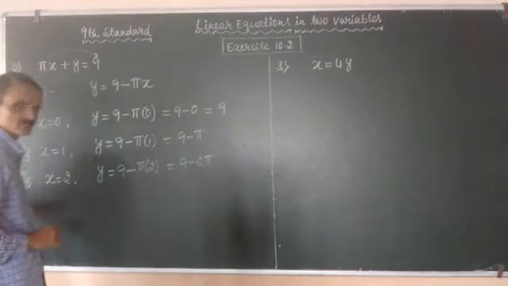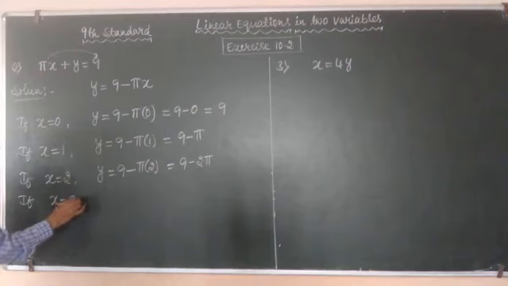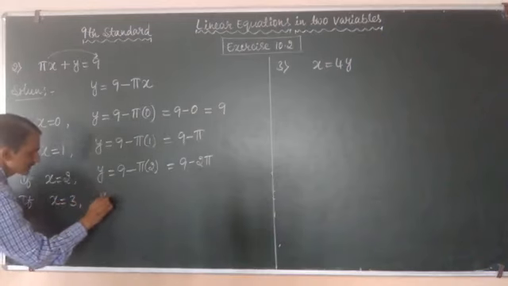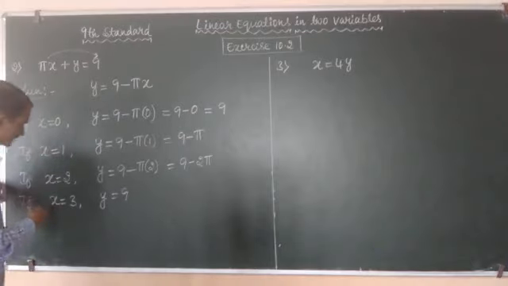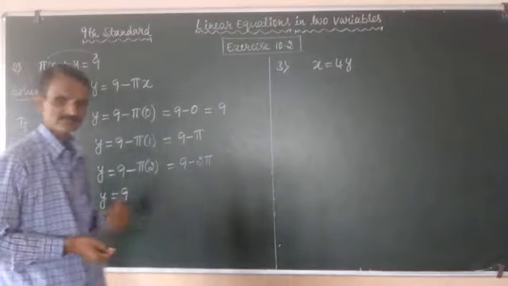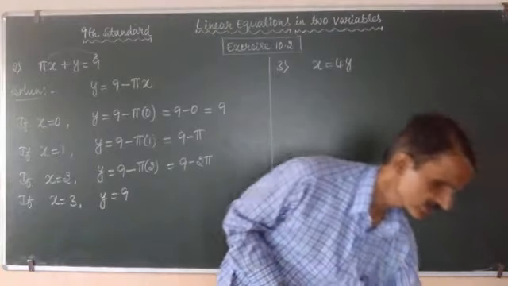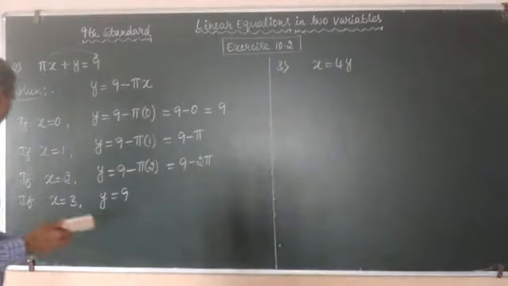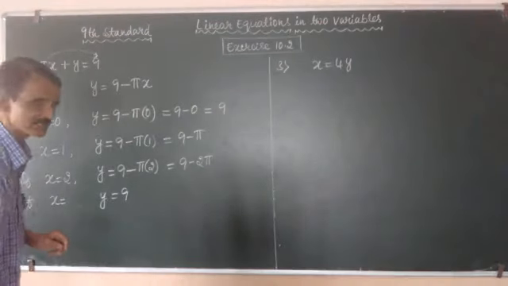2 into 5 is 2, 5. So if x equals 3, so y equals 9, or you can give negative value, minus 1. So I will give minus 1 because it is good practice and easy to calculate when you take the negative.